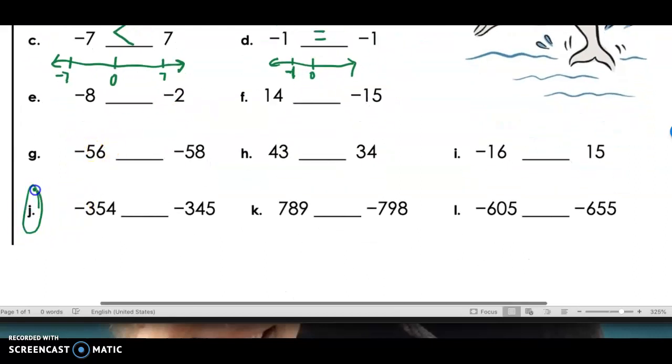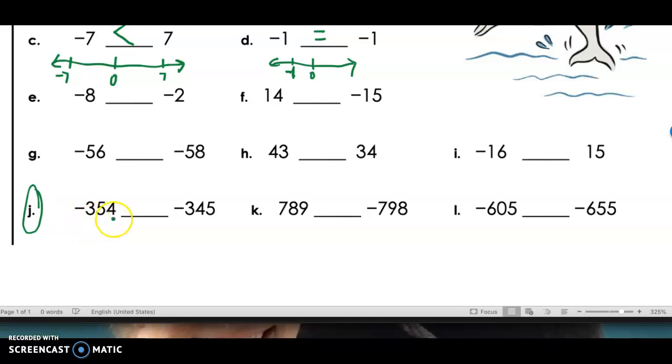Let's see if we can come up with any more challenging ones. I like J. Let's take a look at J: -354 compared to -345. Careful, because your eyeballs are going to swap that 4 and that 5 really quickly if you look too fast. So think about it in terms of money. Which would you rather owe, $354 or $345?